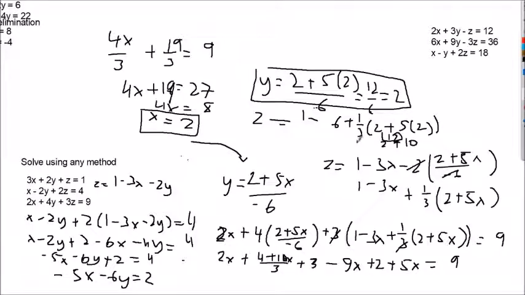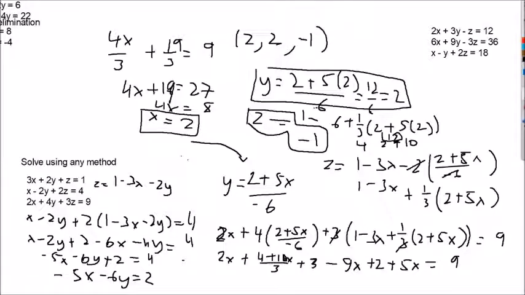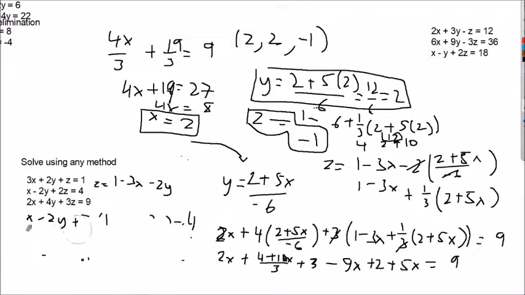So 1/3 of 12 is 4. 1 plus 4 minus 6 is -1. So z equals -1. And that's our solution set. 2, 2, -1. That was big work. But you have to do big work in order to solve a system of equations. So our solution set is 2, 2, -1.